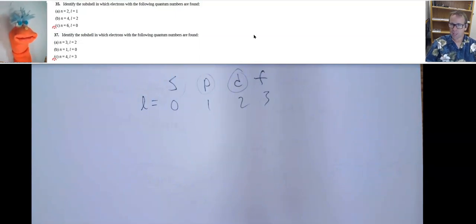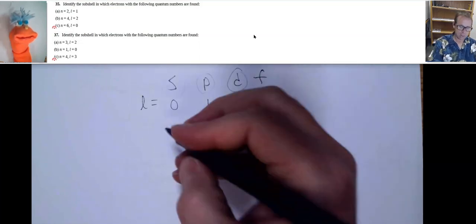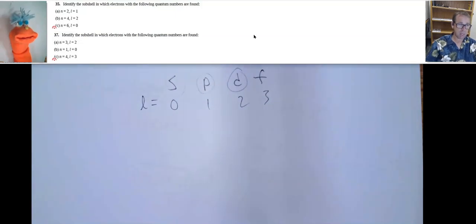The N governs what the L possibilities are. If N equals 2, for example, there are 2 subshells, and that can be 0 and 1. If N equals 6, there are 6 subshells, which can be 0, 1, 2, 3, 4, or 5. But all we need to know is the L value to know what the subshell is.